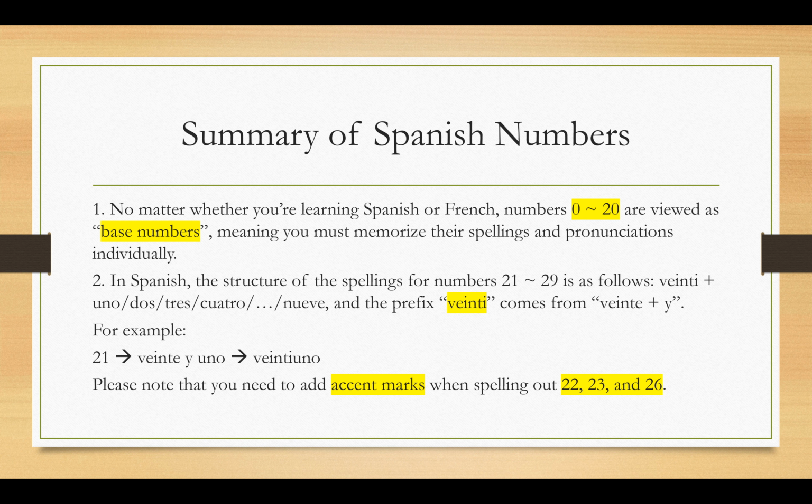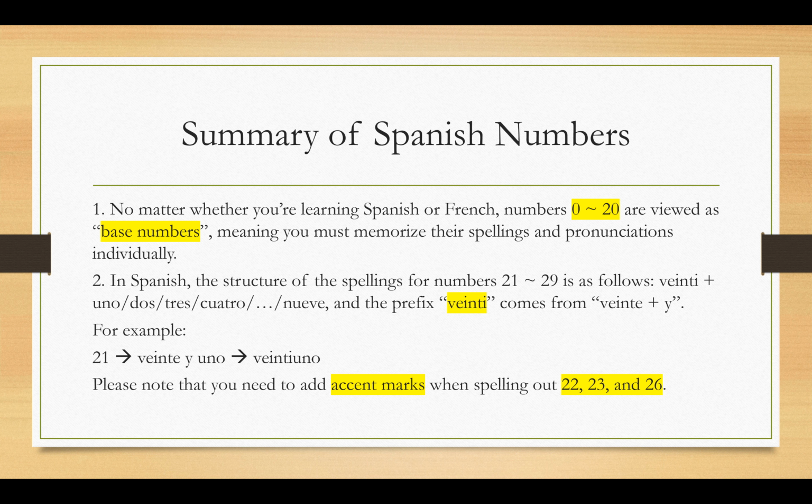2. In Spanish, the structure of the spellings for numbers 21 to 29 is as follows: veinte plus 1, 2, 3, 4, 5, 6, 7, 8, 9. And the prefix veinti comes from veinte plus e, twenty and.